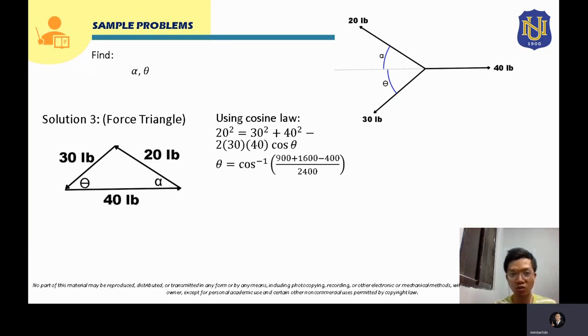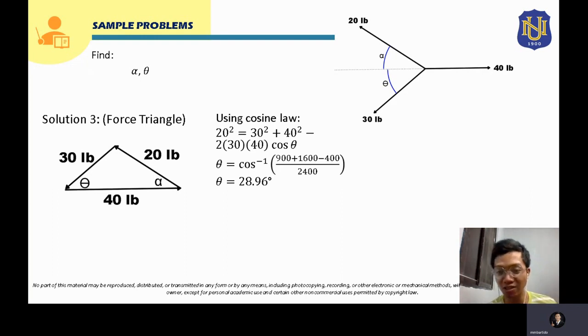and 1600 is 40 squared, and the 400 is 20 squared. So it was transposed, that's why it is negative here, over 2400, which is 2 times 30 times 40. So solving for theta, it will give us 28.96 degrees.